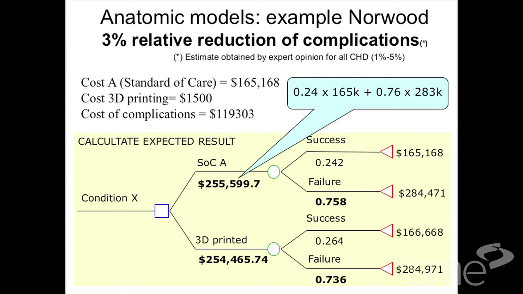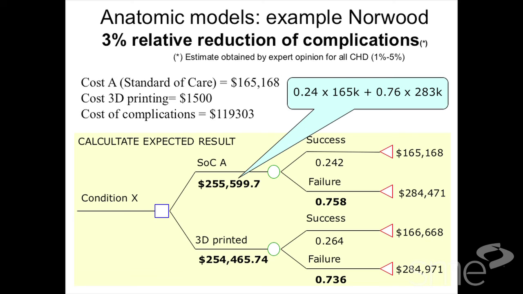So if we take the example for Norwood and we put it in a simple anatomic model, and again, our expert estimated that we would have a 3% reduction of these complications, then we could calculate what the cost is of the normal procedure and the procedure with 3D printing.